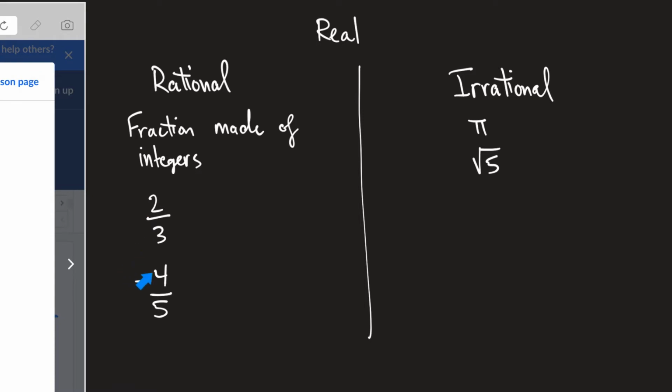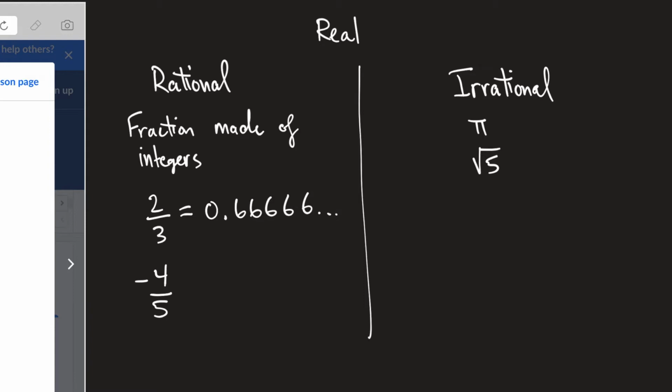We can turn all of these into decimals, and the decimal is what really helps you visualize what these rational numbers are. If you were to plug this into a calculator, you would get 0.66666 and so on.